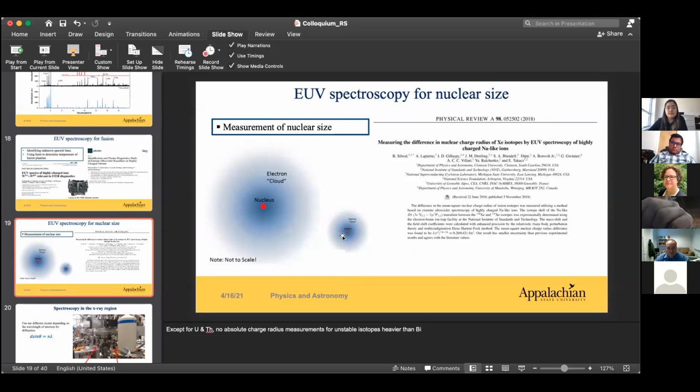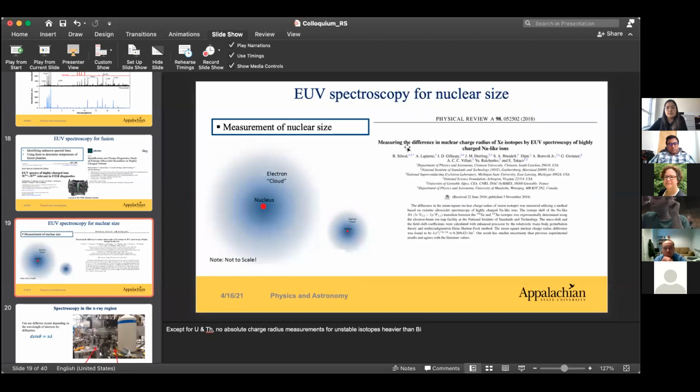So what we did is we basically measured these atomic transitions between the electrons of such a system. And by using these transitions, we were actually able to extract the nuclear size of some of the elements. And this was one of the first measurements done in the EUV region with this idea.